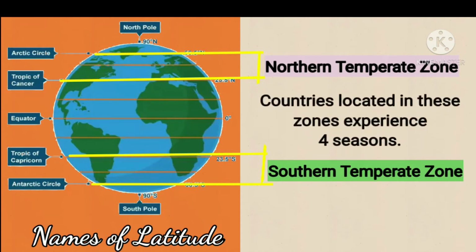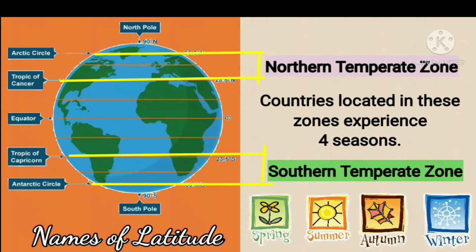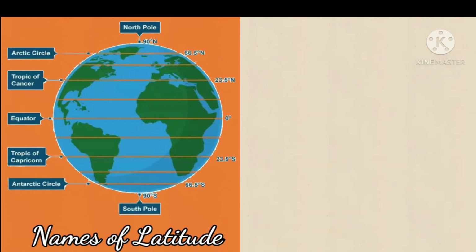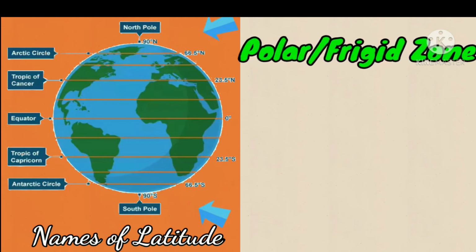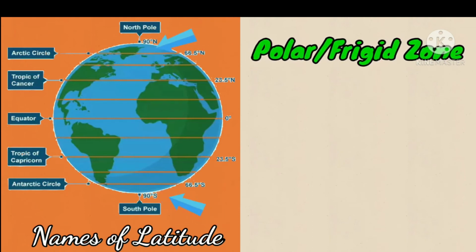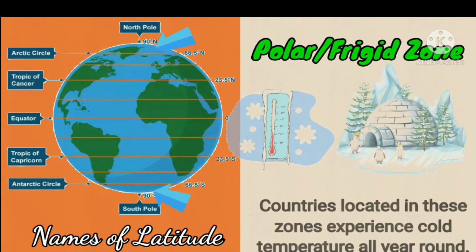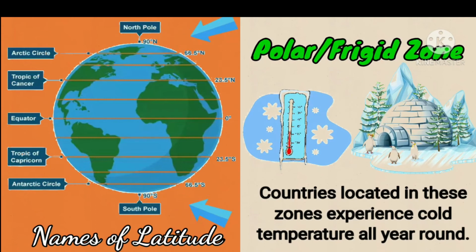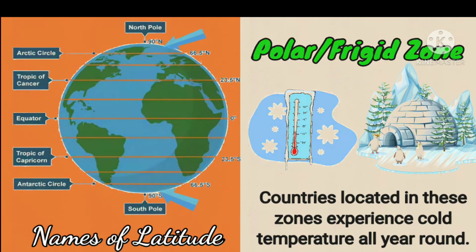Countries located in these zones experience 4 seasons such as winter, spring, summer, and autumn. Areas within Arctic Circle and Antarctic Circle are called polar or frigid zones. Countries located in these zones experience cold temperature all year round.